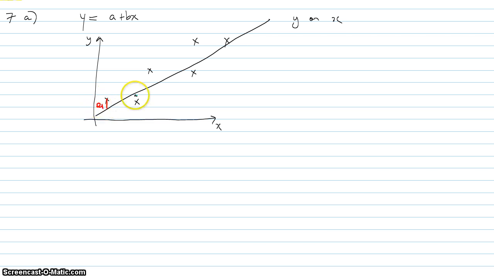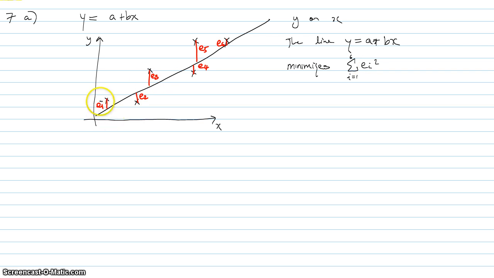If we call these distances E1, E2, E3, E4, E5 and E6, the line y equals a plus bx minimizes the sum of the squares of the errors, the sum from i equals 1 to 6 of ei squared.